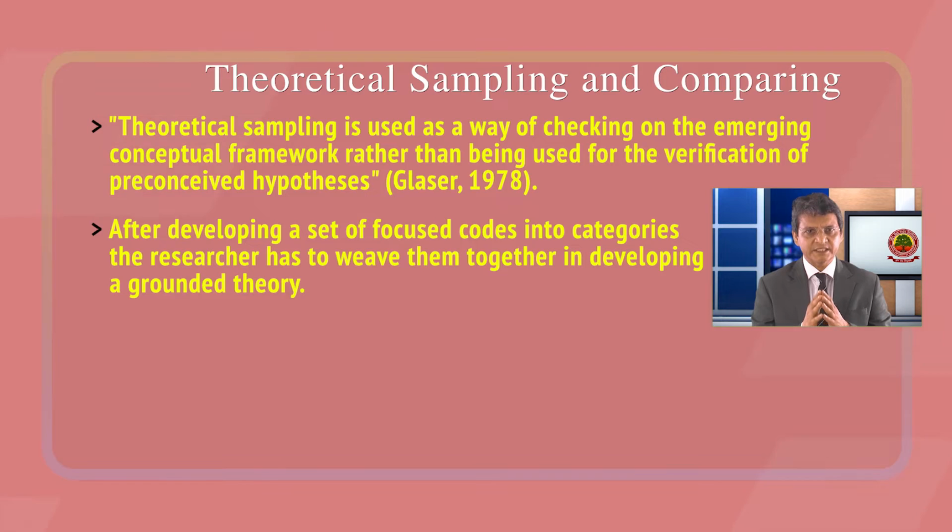After developing a set of focused codes into categories, the researcher has to weave them together in developing a grounded theory. The emerged grounded categories derived from the data are the basic building blocks for the theoretical understanding of the area under study.